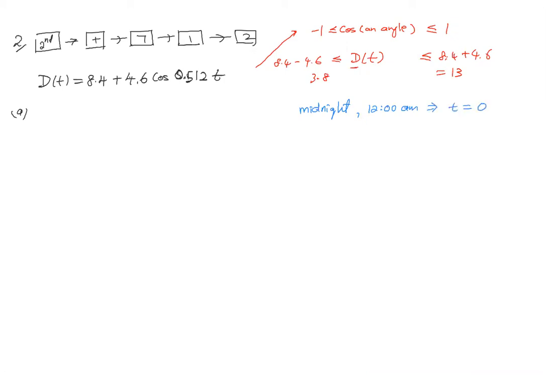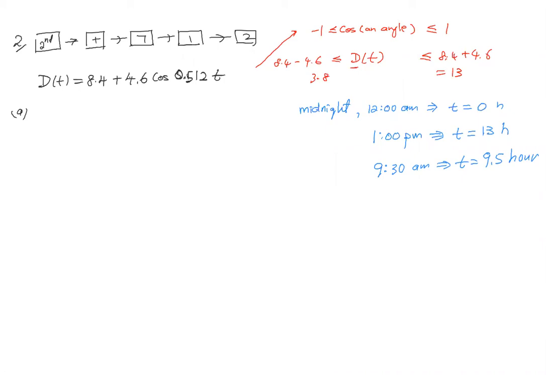If I say 1 p.m., what is the value of T? So it's 13 hours. If 9:30 a.m., T will be 9.5 hours. So all these are important things that you must know when you read a question like that.